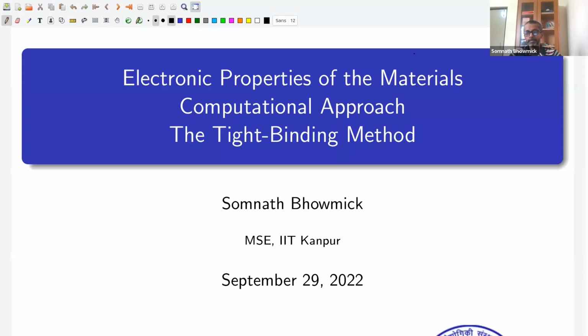Hello friends, I have discussed nearly free electron model in detail. While nearly free electron model is very useful for qualitative understanding of effects of periodic potential on electron in a solid, nearly free electron model is not generally used to calculate electronic band structure.